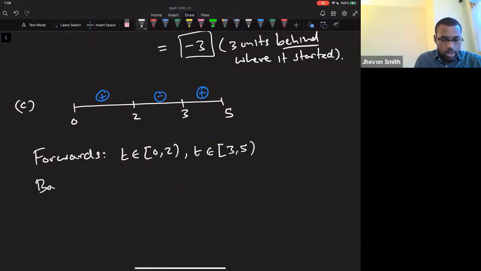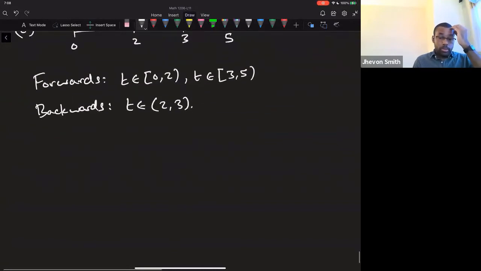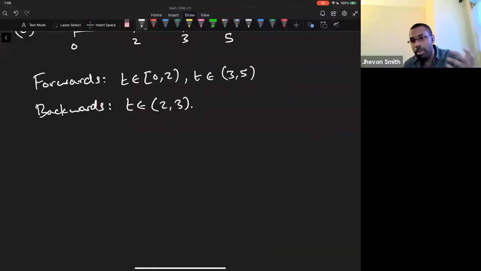It's moving backwards for t in 2, 3. It doesn't really matter if you use closed or open parentheses technically, but if its velocity is 0, it's not really moving. You can think of it as just stopping for an instant.